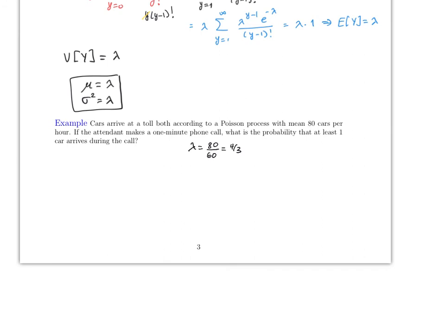What is the probability that at least one car arrives during the call? At least one, remember, means y is greater than or equal to 1. If we use the complement, it will be 1 minus the probability that y is equal to 0.